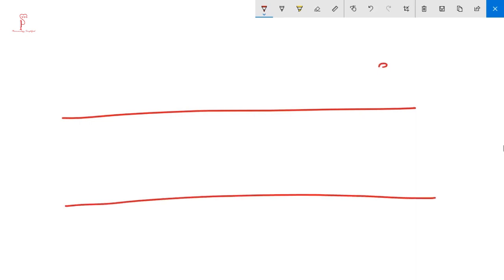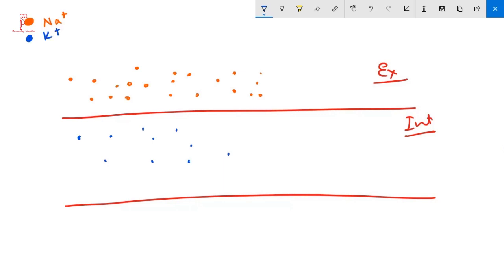This is our neuron. This is the extracellular side and this is the intracellular side. On the extracellular side, I think it is very clear to all of us that there is a very high concentration of sodium ions. I am making a legend here. This is sodium. The sodium ion concentration on the extracellular side is very high, and on the intracellular side we have potassium ions.